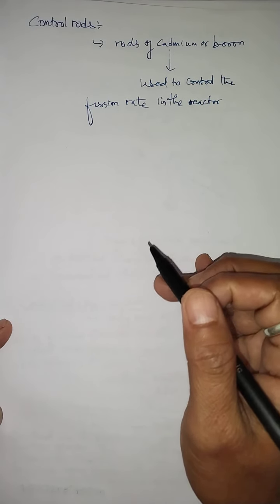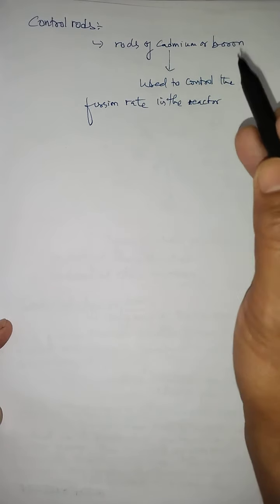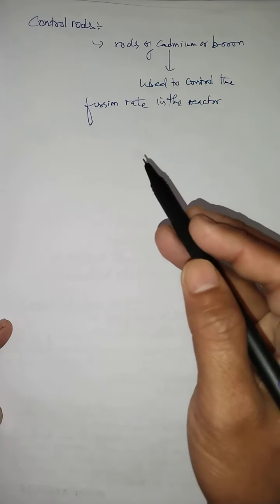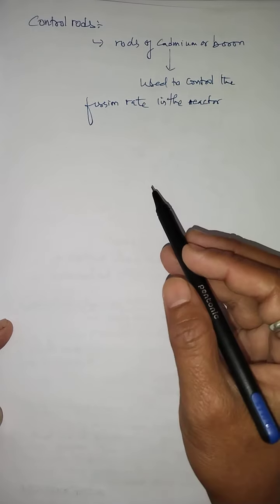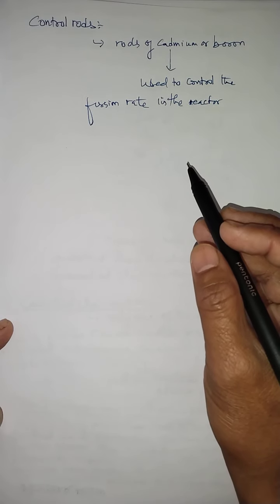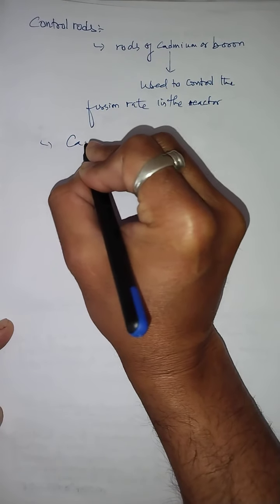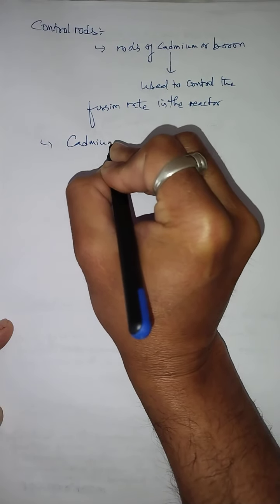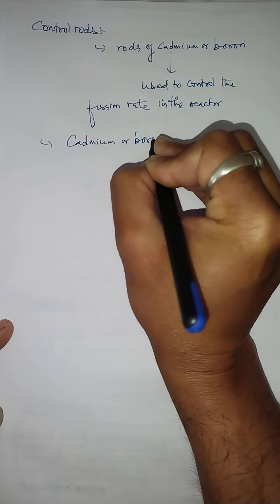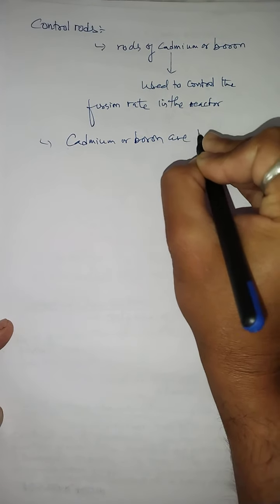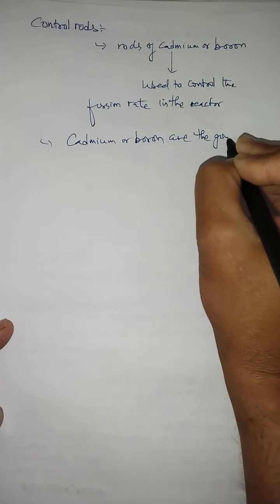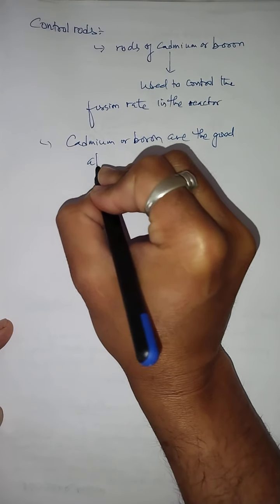And cadmium and boron are used as control rods because they are good absorbers of slow neutrons. Listen carefully.